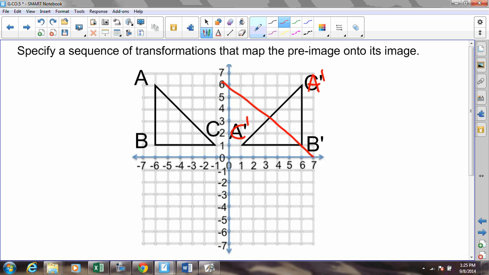But if we then reflected across this red line, that would get them to match up. So we can still do it that way. That is one correct answer. But that's a little bit tougher one to see, and it's not part of our standard reflection, rotation, translation of the normal lines. So, can we identify something else?